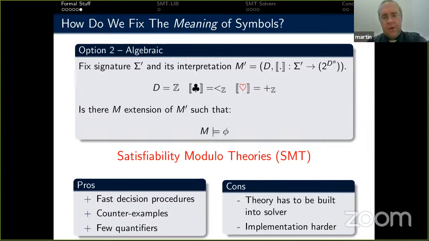Satisfiability modulo theories is the field that follows the second approach. I mean, really, the name in some ways is kind of badly chosen. We should be satisfiability modulo interpretations, because that's actually what we're doing.